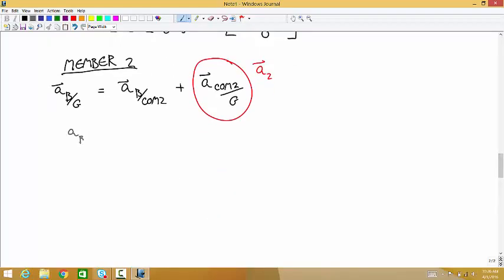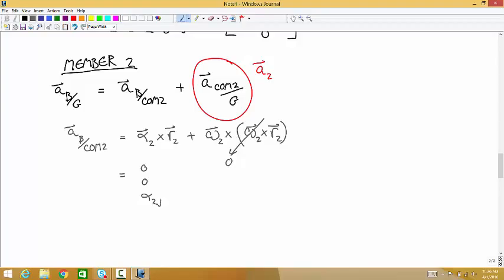The acceleration of B relative to the center of mass of 2 is equal to alpha 2 cross R2 plus omega 2 cross quantity omega 2 cross R2. This goes away because there's no angular velocity. So this is equal to 0, 0, alpha 2. And then what's the r vector in this case?